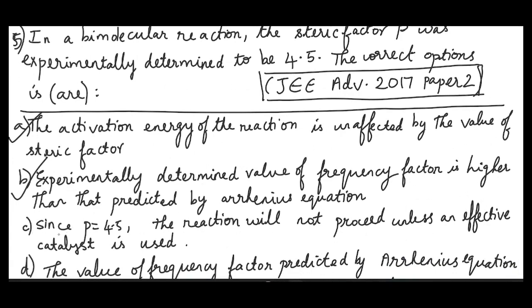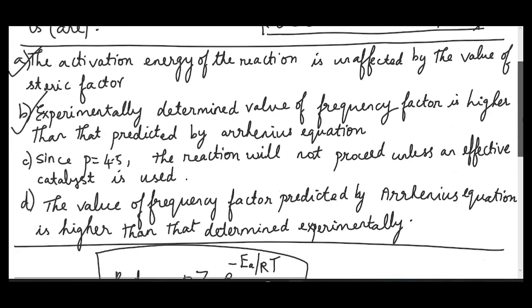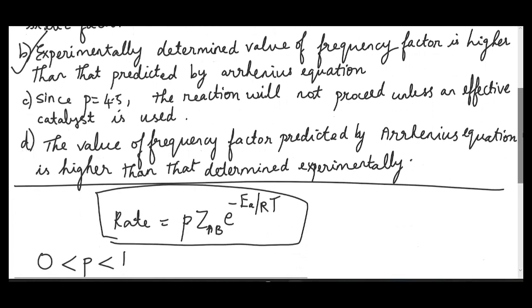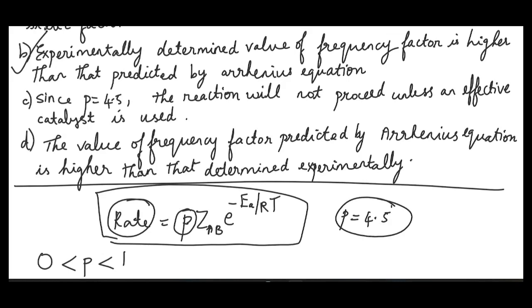Now, option C is that since P is equal to 4.5, the reaction will not proceed unless an effective catalyst is used. Now this option is wrong because as the value of P increases, rate also increases. Now the value of P is 4.5, which is sufficiently large when compared to the P value which lies between 0 and 1.